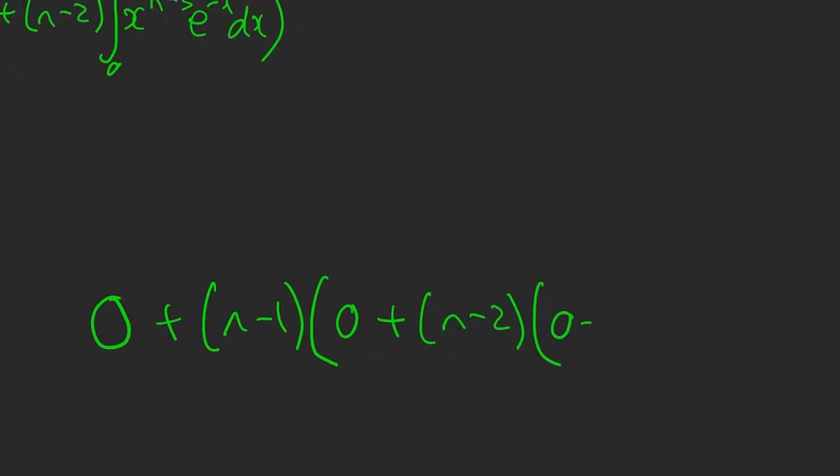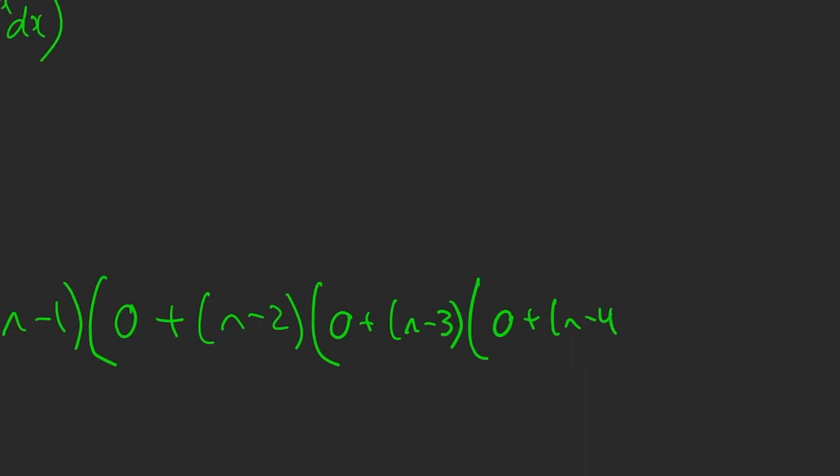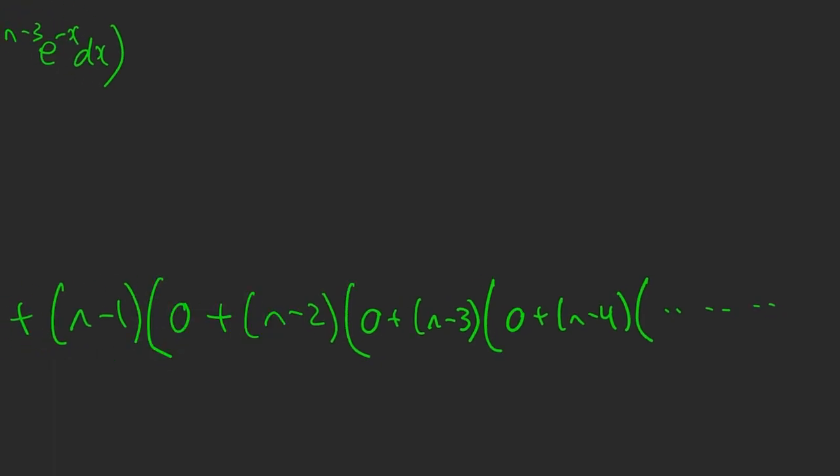So we're going to have 0 plus n minus 3 times 0 plus n minus 4 all the way down to when that x no longer has a power.